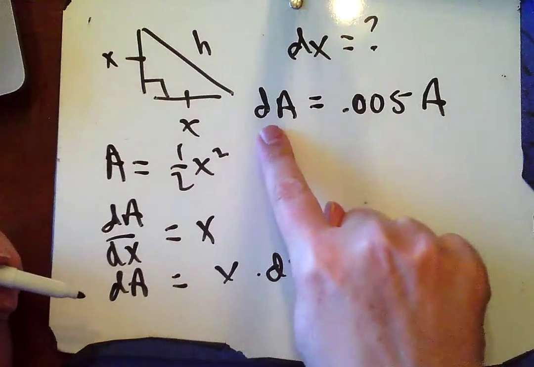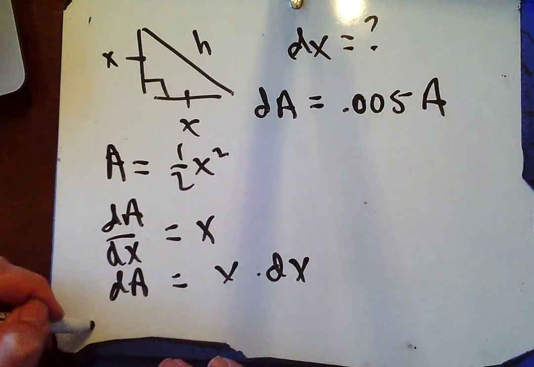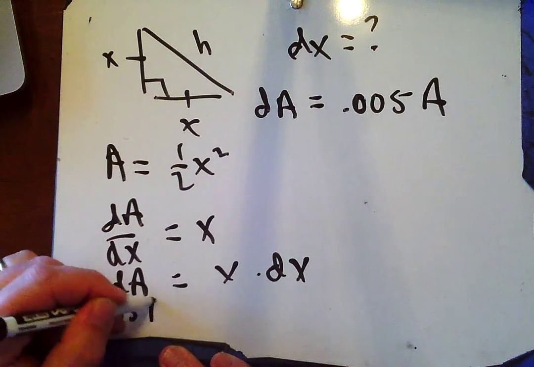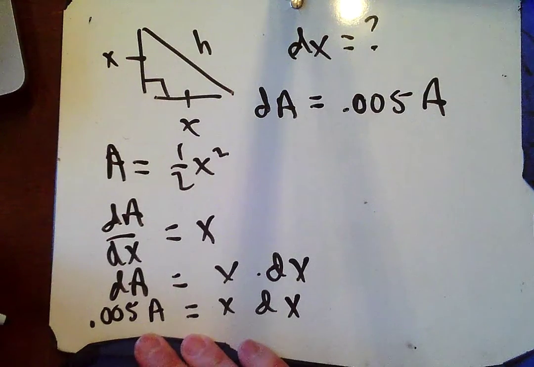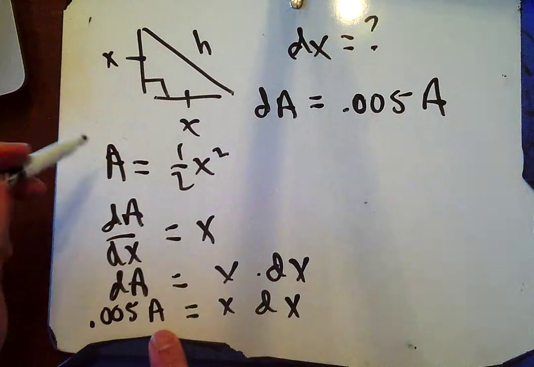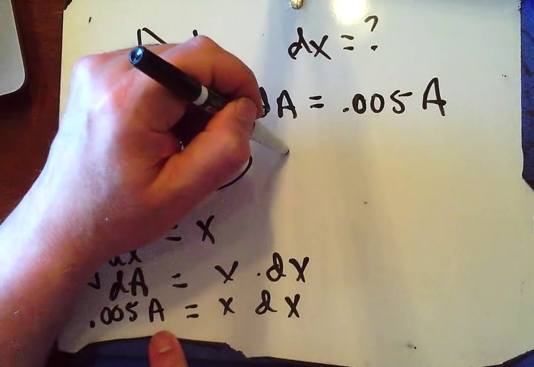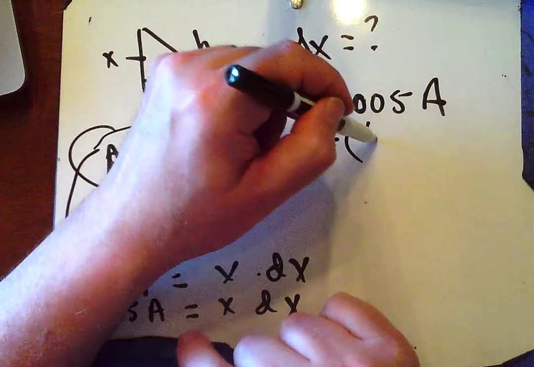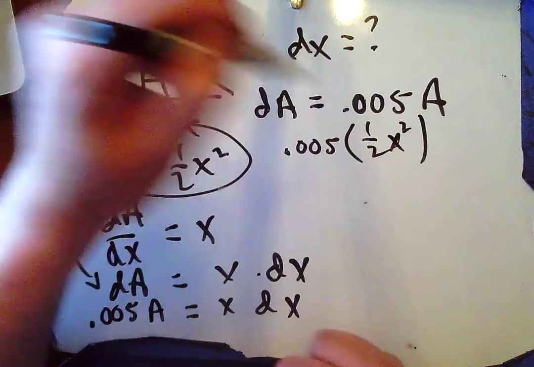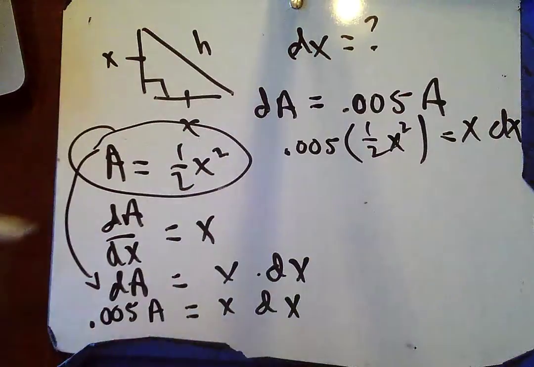Well, look, dA is 0.005A, so I can replace this with 0.005A. And you might be saying, well, how does that help me? Psst, what's the area? Plug it in. So that's going to bring me to 0.005 times 1/2 x squared should equal x dx.